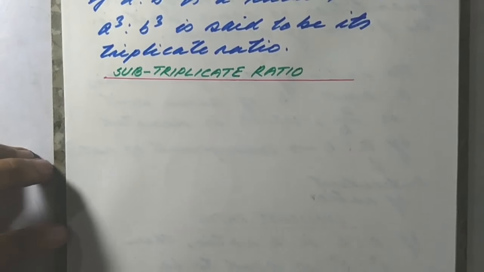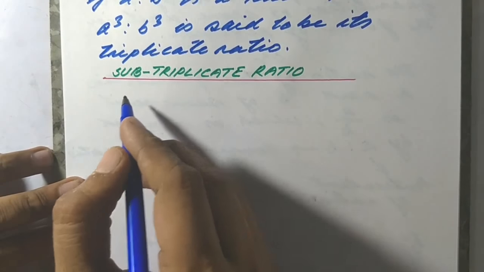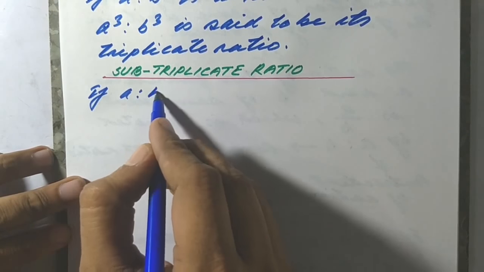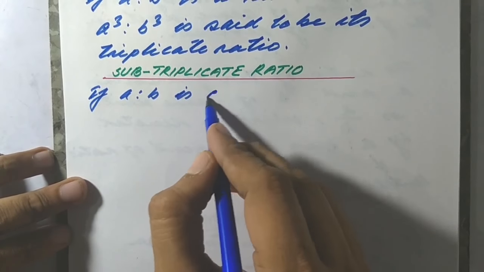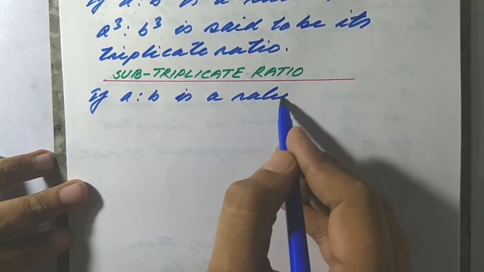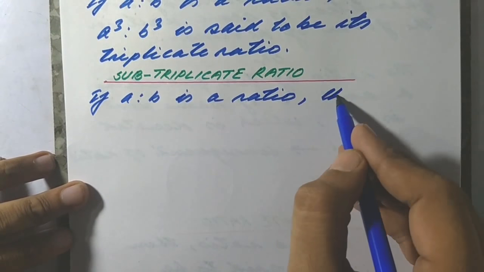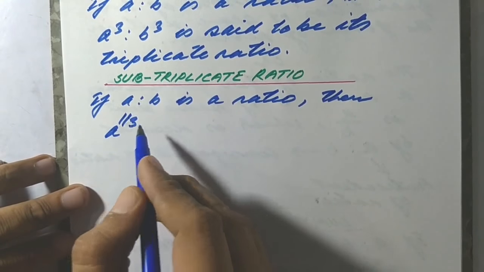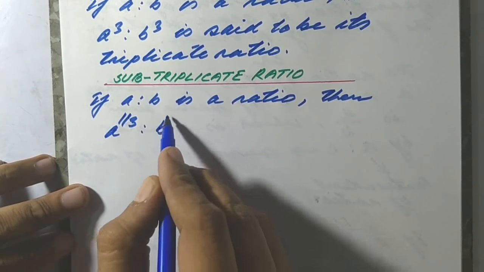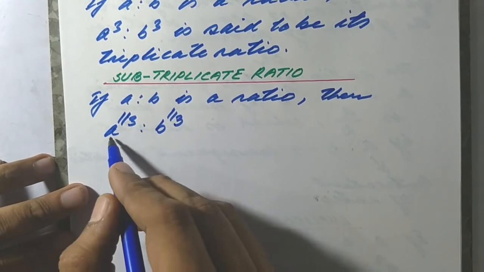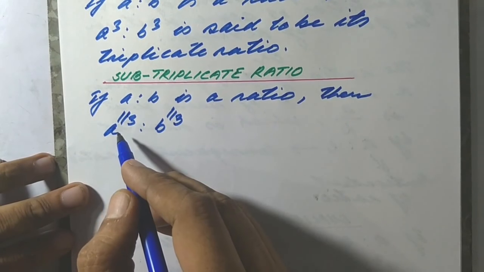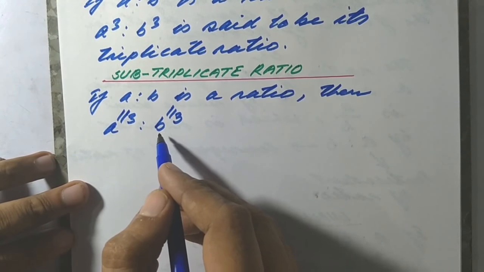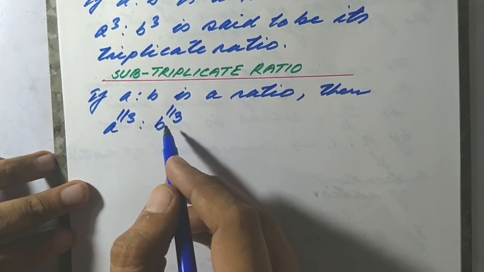Now let's talk about subtriplicate ratio. So if A is to B is a ratio, then cube root of A is to cube root of B. Cube root of A is written as A raised to the power 1 upon 3, and cube root of B may also be written as B raised to the power 1 upon 3.